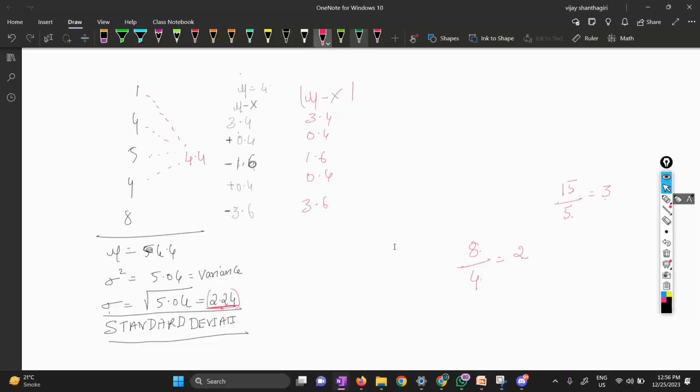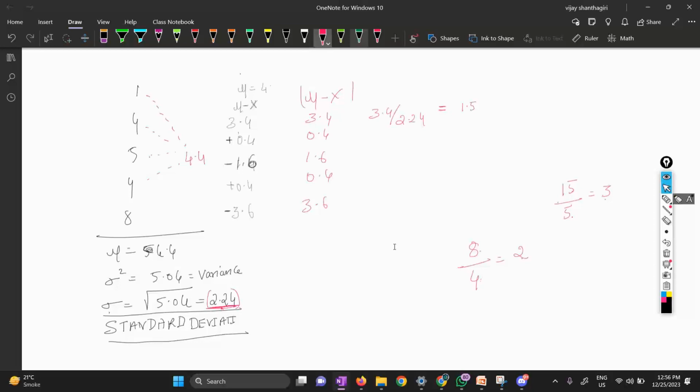But what is the distance between 1 and 4.4? 3.4, right? Correct? Distance between 1 and 4.4 is how much? 3.4, sir, correct. 3.4 divided by, I want how many? 2.24. You tell me now what is the value of this? 1.51.